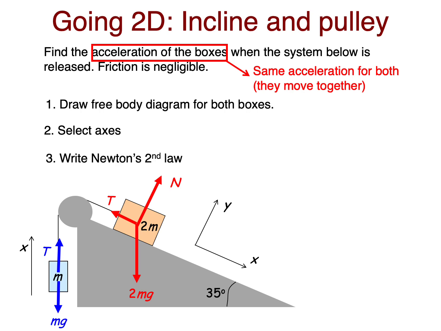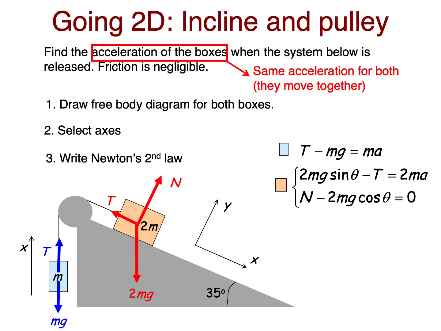x direction. Finally, we need to write out Newton's second law for each of these cases. So for the blue block, our equation is that the tension minus mg equals ma. For the beige block, we have two sets of equations, one in the x direction and the other in the y direction.